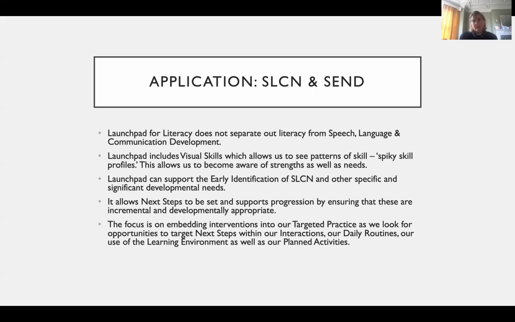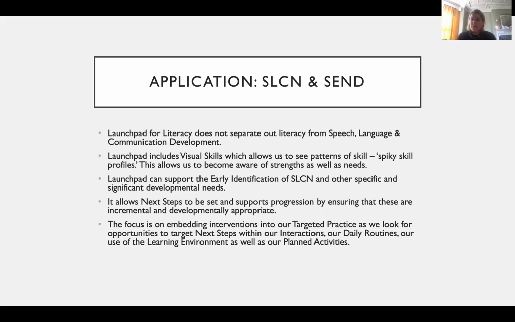Of course, it looks at speech, language and development, but also pre-literacy. But the fact that it's got visual skills in there is really interesting when it comes to speech, language and communication and SEND needs, because it allows us to look at whether the child's speech, language and communication skills correlate with their visual skills.